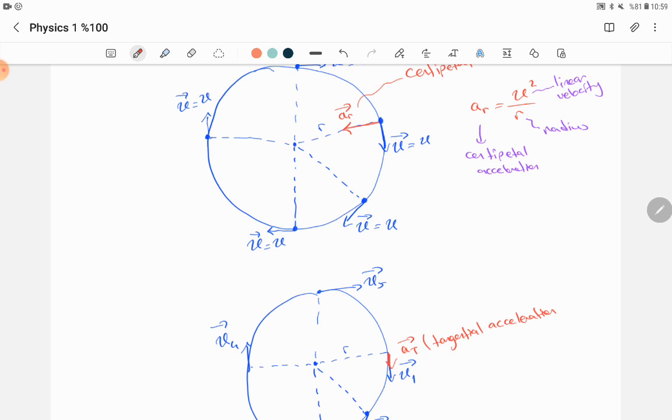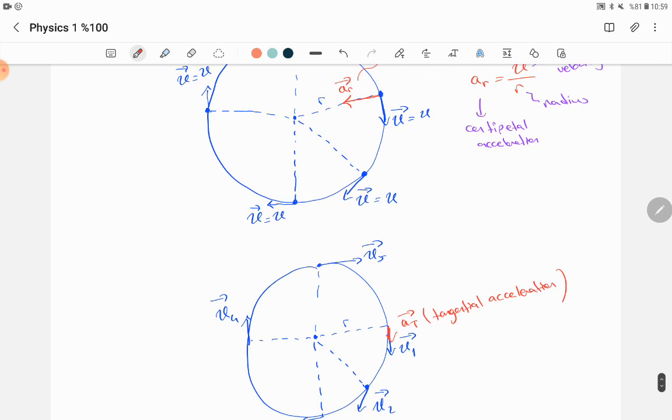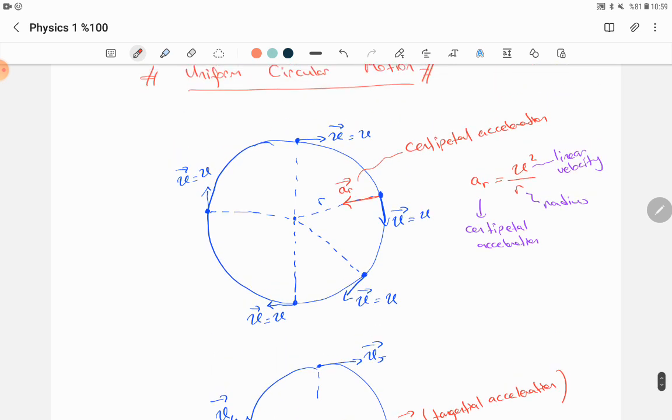There are two acceleration types here for circular motion. Tangential acceleration may occur, but the centripetal acceleration always occurs in circular motion.